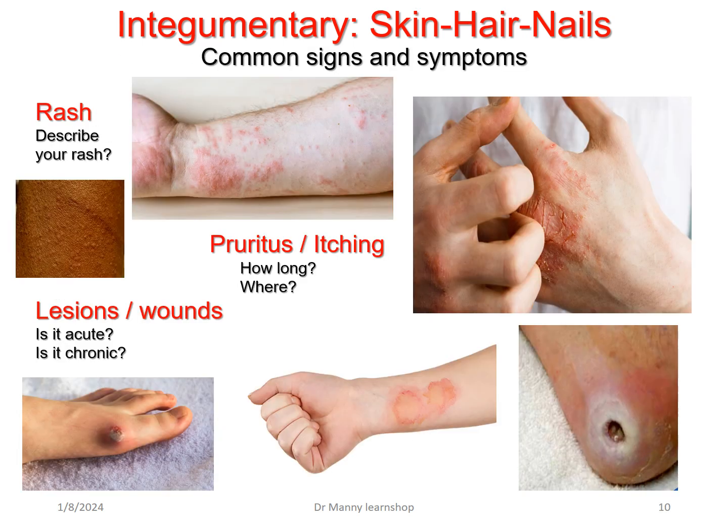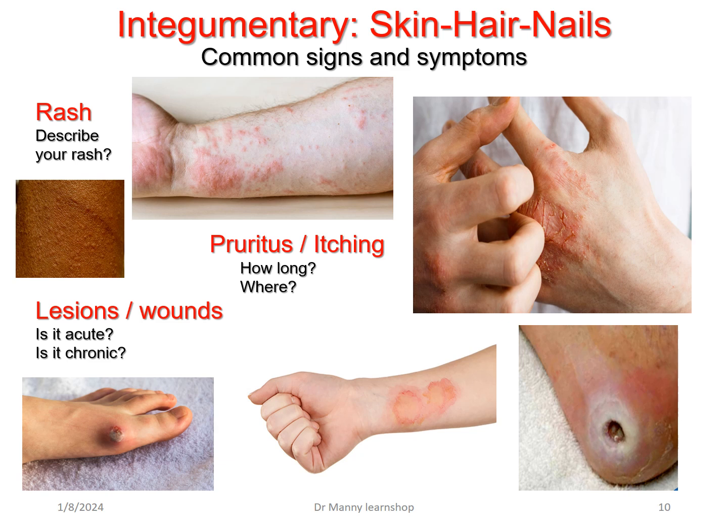Some of the common signs and symptoms, clinical manifestations that relate to the integumentary system could involve the rash, lesions or wounds, whether there's any itching, pruritus, and look at the images. The images are all anomalies.